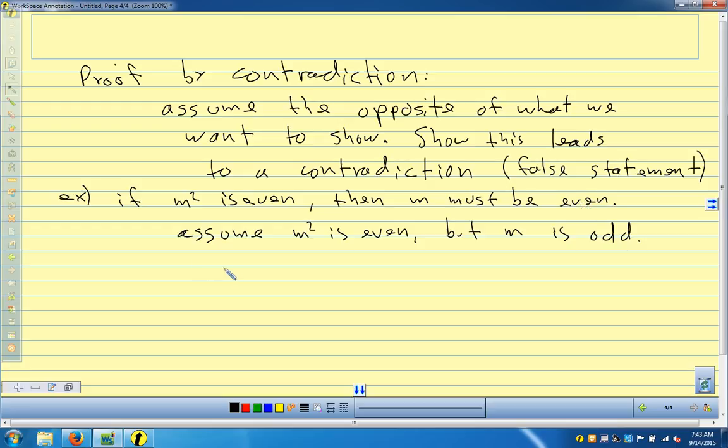So if m is odd, how can I write m? 2n plus 1, for n an integer. So m squared is 2n plus 1 squared.